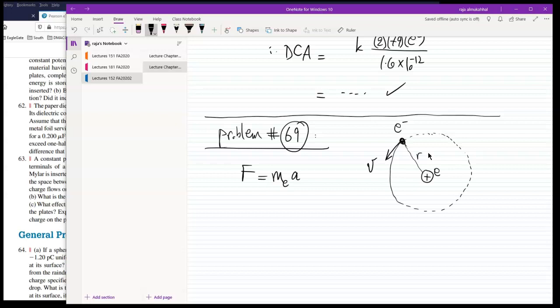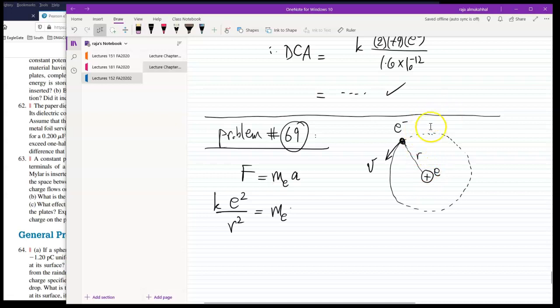Well, this force F is nothing but the Coulombic force between the electron and the proton. So it's going to be K Q1 Q2 over R squared, correct? Q1 Q2 is just basically E squared, because Q1 is E and Q2 is also E, divided by the Bohr radius R squared, and that's equal to m sub e, the mass of the electron, times the acceleration.